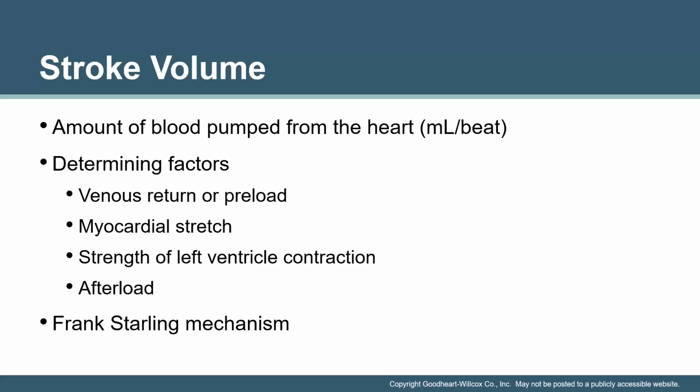Also, the degree of stretch in the myocardial muscle fibers when extended. This is called myocardial stretch. The strength of the left ventricle, and then something called afterload, and that is the resistance in the great vessels that are pushing against the blood attempting to be ejected.